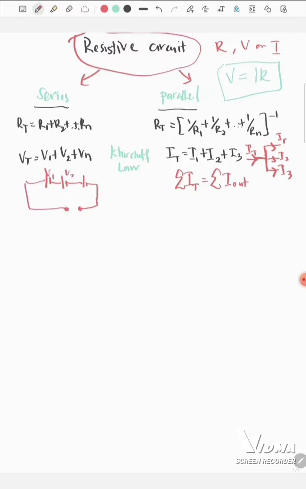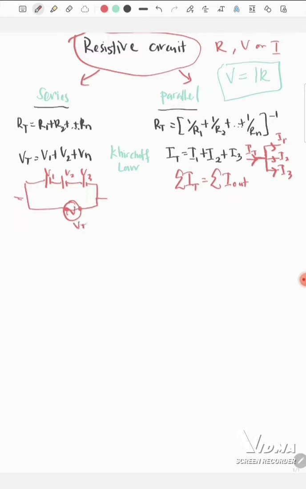Okay, V1, V2, and V3, and it's in series. Okay, let's say like this. So I have one power supply here, so VT.